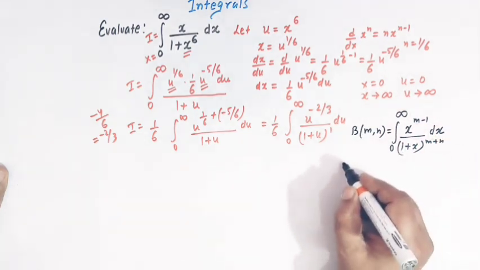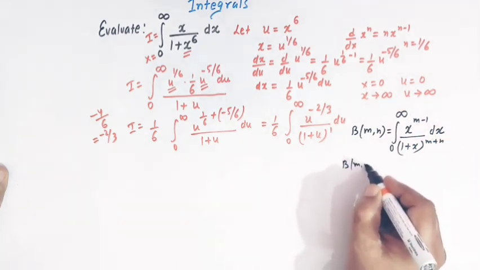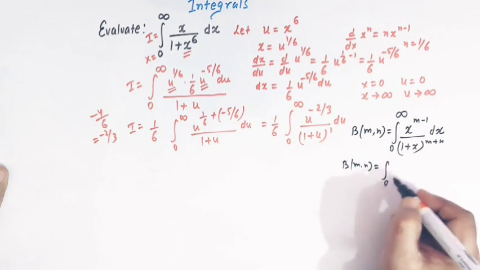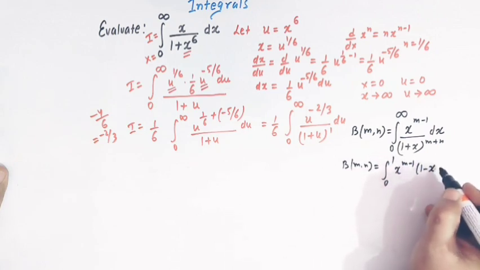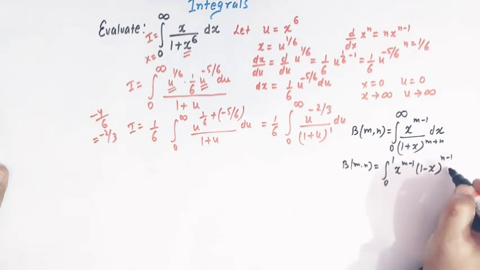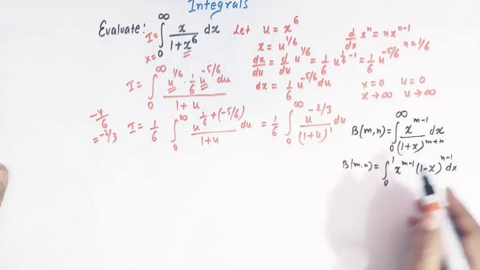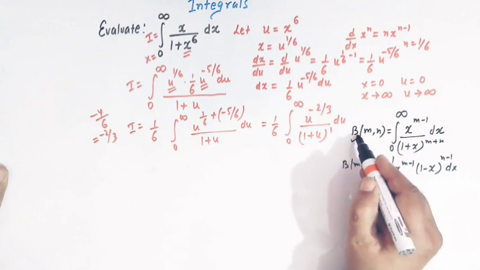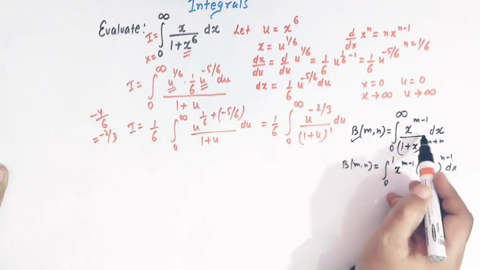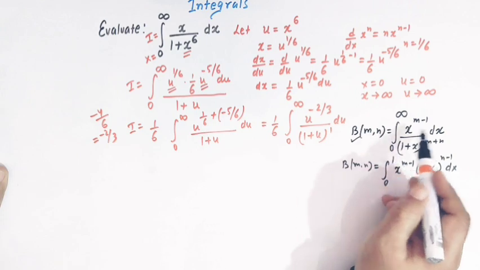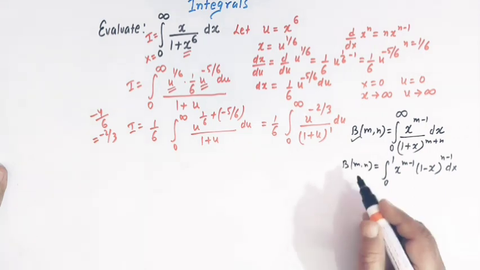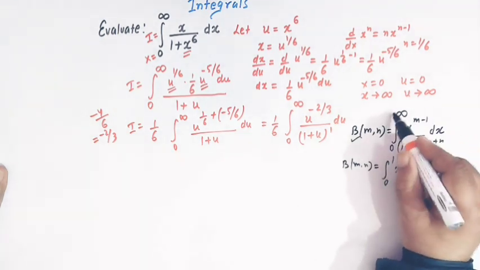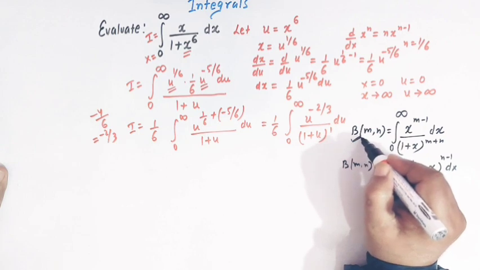The usual form of beta function is given by 0 to 1, x raised to m minus 1, 1 minus x raised to n minus 1 dx. And beta function is also known as Euler's integral of first kind. So here we'll make use of this result, that is the first one.